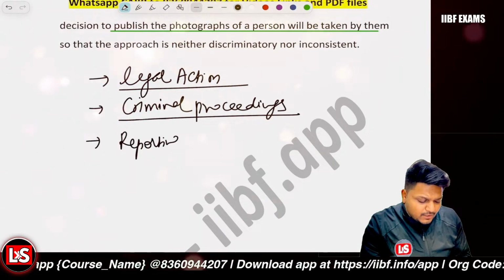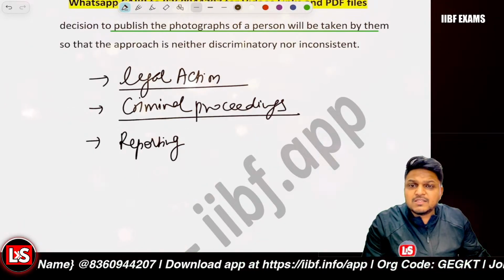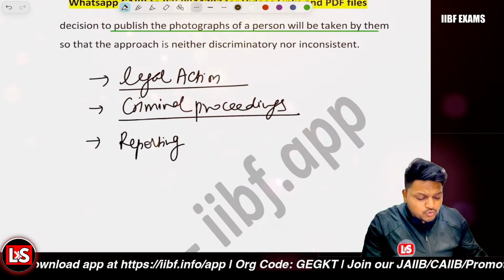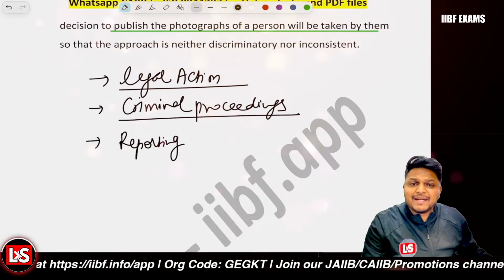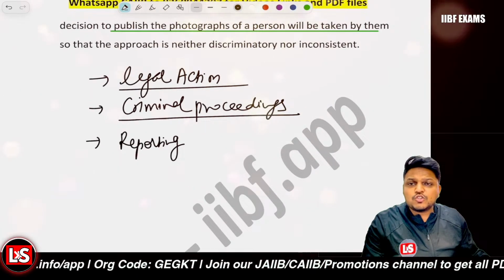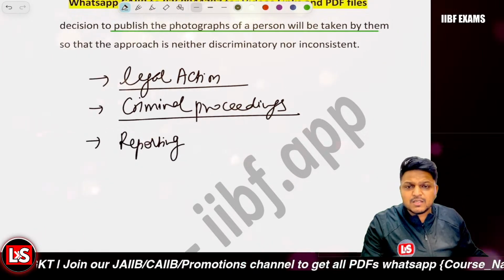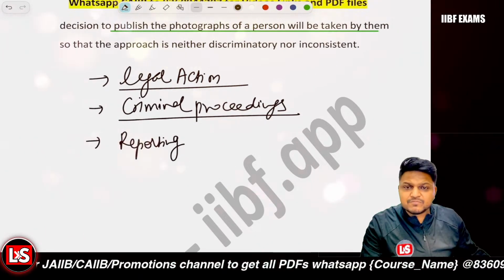The proper reporting is to be done to the Reserve Bank of India, to the CIBIL, to the CRILIC, and whosoever the directors and promoters were, they should be restricted from institutional finance, right? So that's the case.